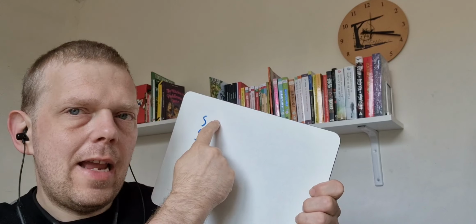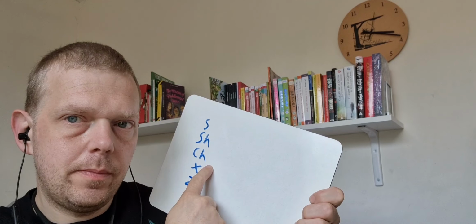But there are some words where you don't just add an S. On some words you can add ES. If a word ends with any of these letters, S, SH, CH, X and Z, you often add an ES to the end.